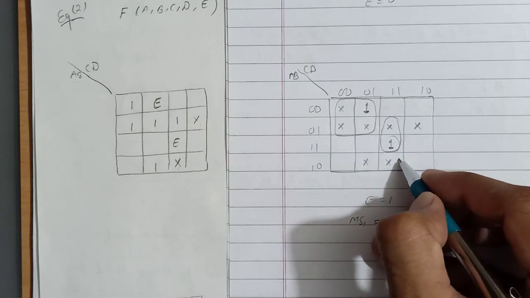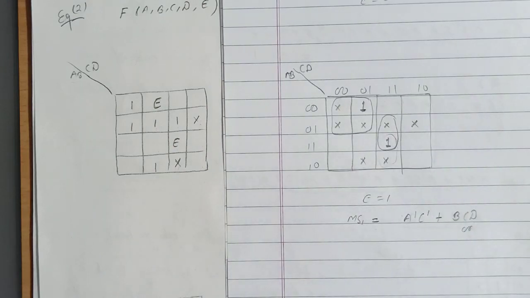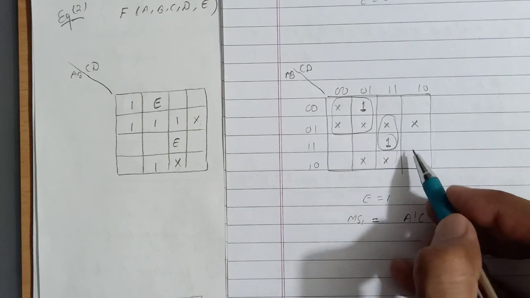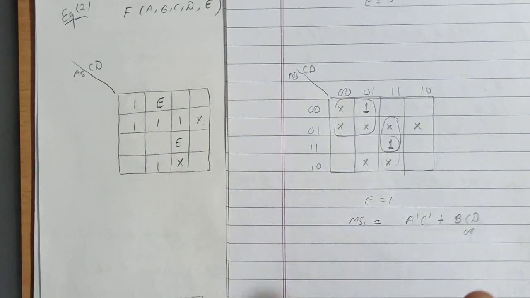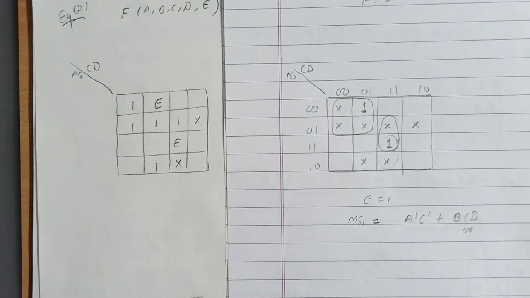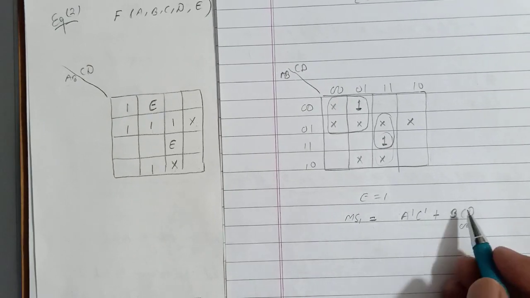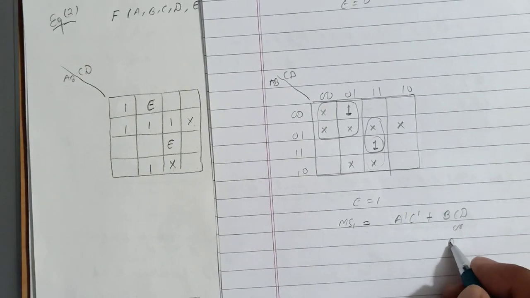This is also a prime implicant. It is not part of any bigger group of 4, that's why it is a prime implicant. But do remember, we will select only those prime implicants that give the minimum number of terms. So BCD, or it is also ACD.